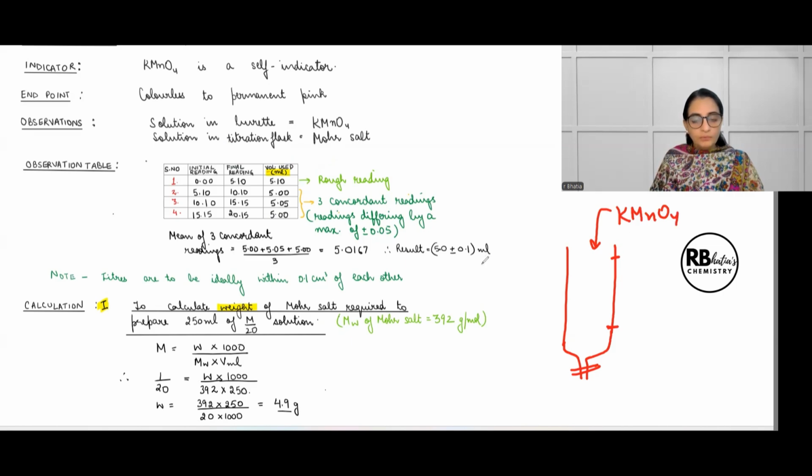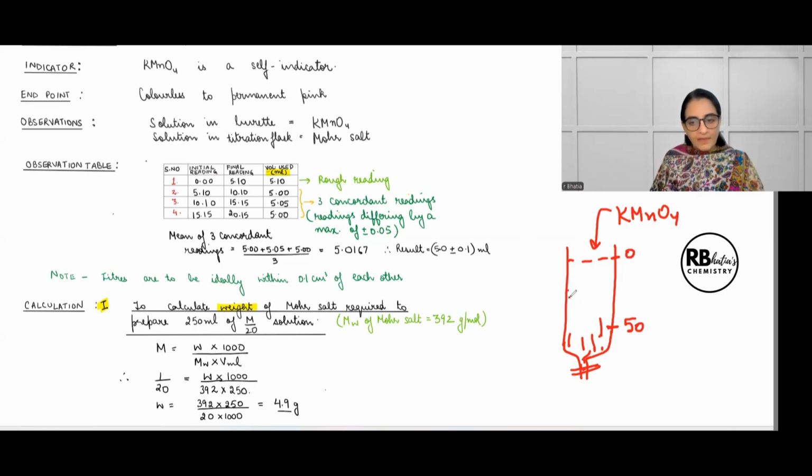It's very sad to say, over my last 20 years of experience, children don't even know what the graduations in a burette are. So a burette is graduated like this from 0 to 50, and you must remember that a burette does not tell you the actual volume of liquid contained in it. When you put liquid in a burette, you just fill the entire burette with the liquid, right? Till here. So let us suppose you draw out some liquid.